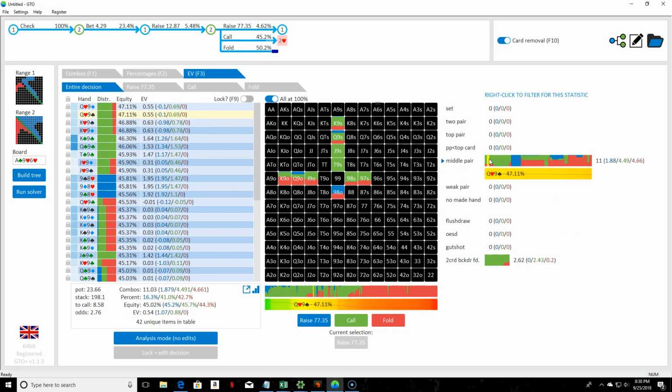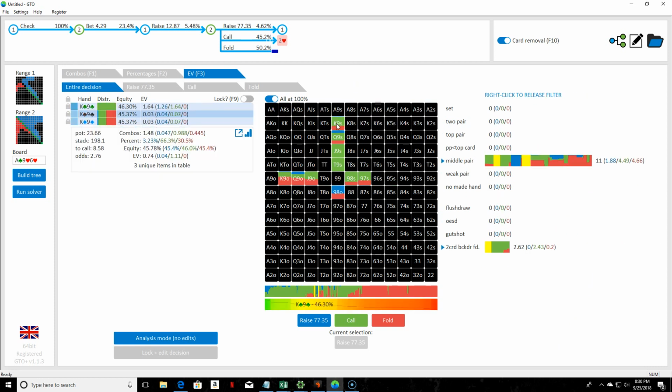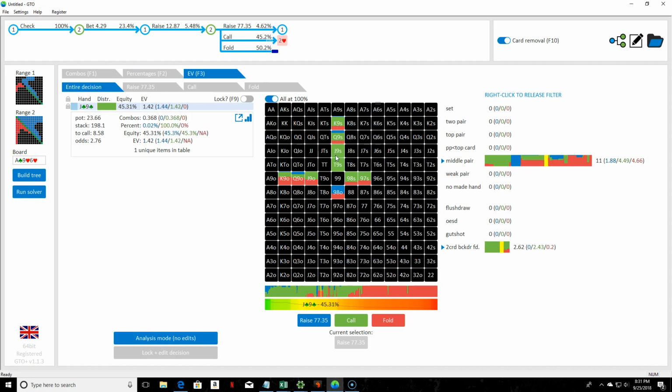Let's see with the middle pairs. How about the middle pairs? The king nine suited. So again, hands that don't have any implied odds at all would be folding hands. So we can call the king nine of clubs as the backdoor flush draw. These backdoor flush draw 10-9 makes sense.